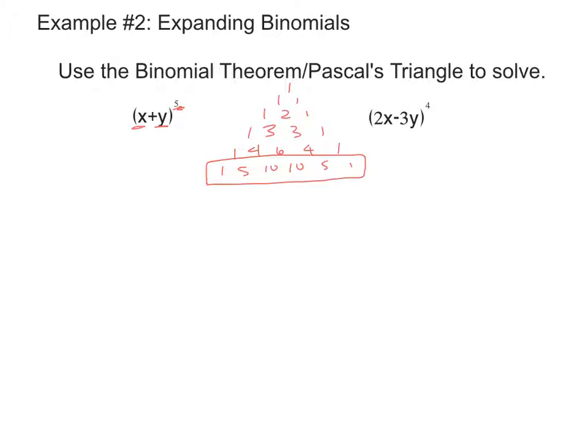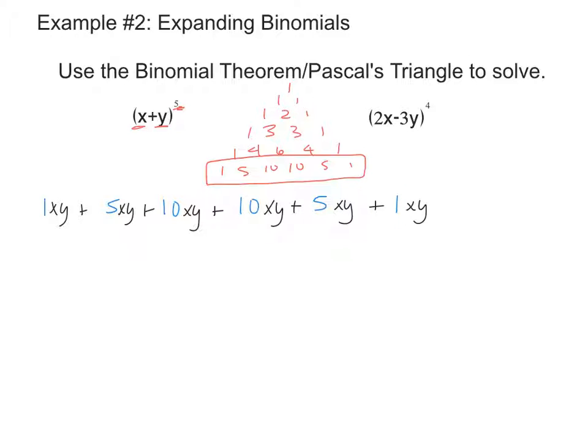So if we wrote this all out, we have 1, 5, 10, 10, 5, and 1. Everything is going to have an x and y. It should all be addition, by the way, because it's positive.